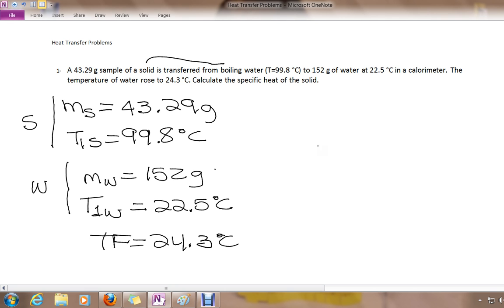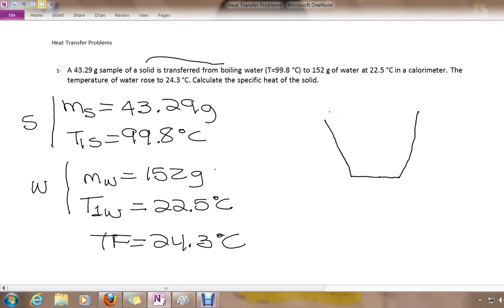Now, when you've got a system that has two parts and it's an isolated container, calculate the specific heat of the solid. And this is mixed in a calorimeter. It's the styrofoam cups that we did in the lab.